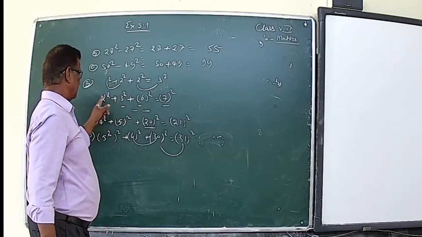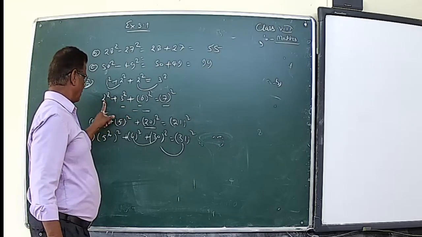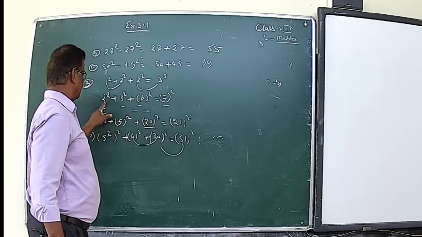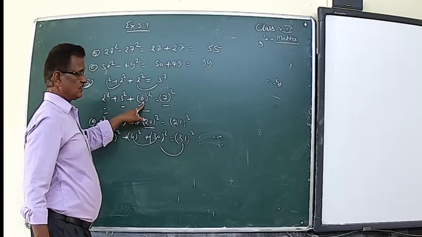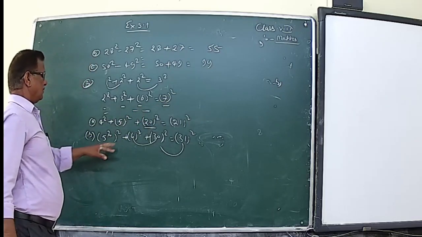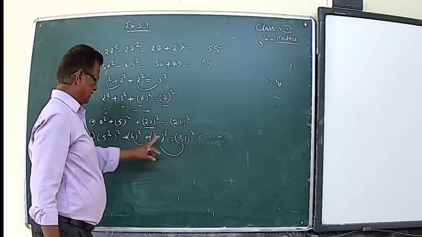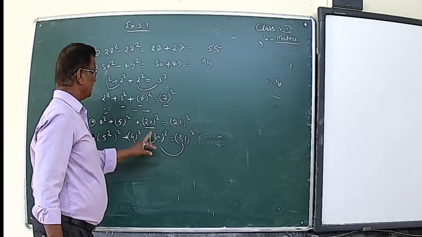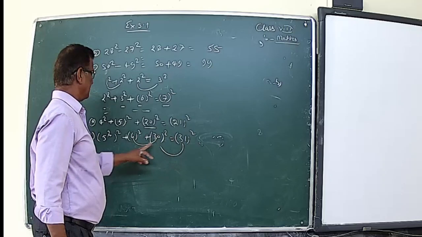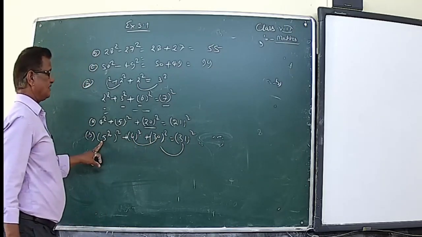See the pattern: 2 squared plus 3 squared, here 6 squared is given, then multiply 2 and 3, 6 is coming, 6 squared, and write the successor of 6, 7 squared. Similarly here, 31 squared is given, 6 is given, then here it should be 1 less. The predecessor of 31 is 30 squared. 30 divided by 6 is 5, so here you write 5 squared.